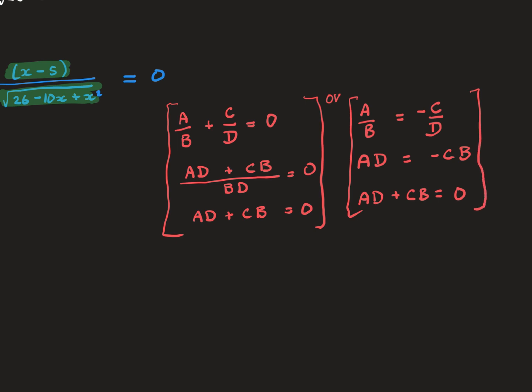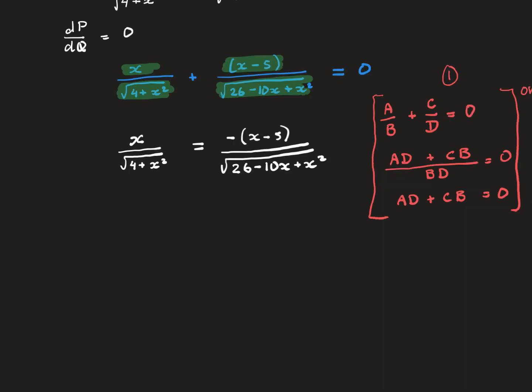So I'm going to opt to do the second way, not the first, because then I don't have so much denominator work.